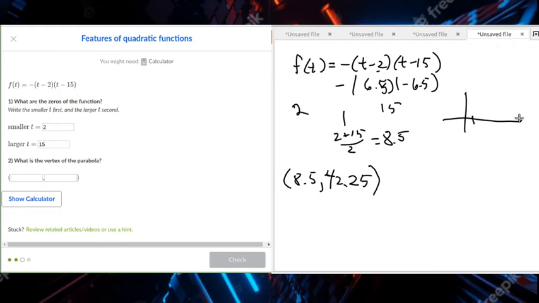It goes from 2 to 15, and it's negative, and this is 8.5. So this is a little bit more than 6, and it should be an x squared function. So it's just a little bit more than 6 here, and 6 squared is 36. This is in the right ballpark, so I feel good about it.